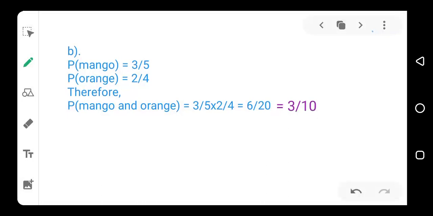So we have 3 over 5 times 2 over 4. So this gives us 6 over 20, which is now 3 over 10. So that is why we have this as the answer.